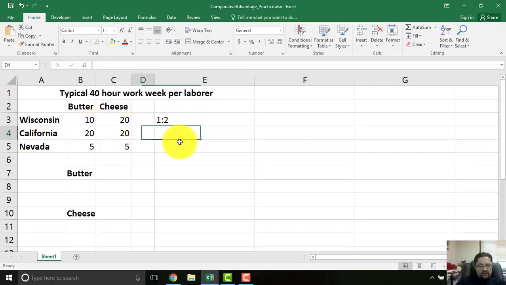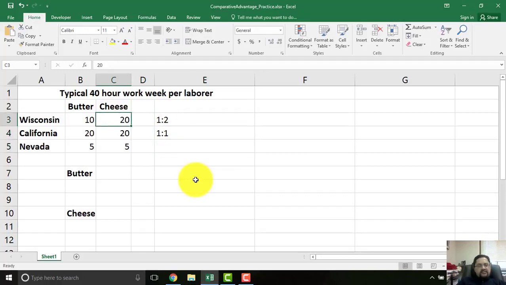Okay, for California, every time we make 20 units of butter, we could have made 20 units of cheese. So that ratio would really be 2 over 2, but my advice to you is whatever product you're talking about, so we're talking about butter here, get that ratio down to a single unit. Okay? So if we were to break our ratios down further, what we would get is a 1 over 1.